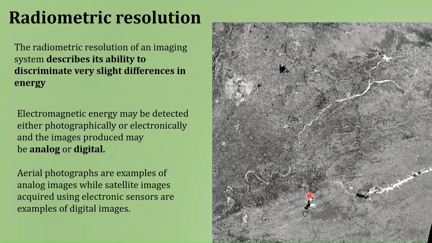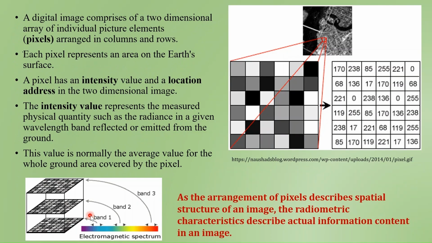Whatever radiance sensors detect can be recorded either photographically or electronically. So the images produced are called analog or digital images. Aerial photographs are examples of analog images, while satellite images acquired using electronic sensors are examples of digital images. A digital image is simply a two-dimensional arrangement of pixels in columns and rows. Each pixel represents a particular area on the earth's surface. A pixel has two values, one of intensity and second the location address.